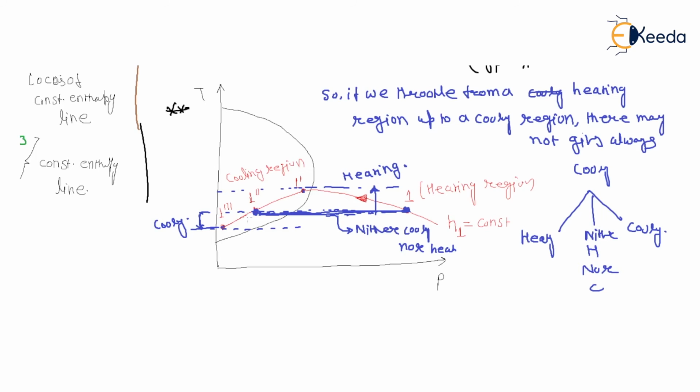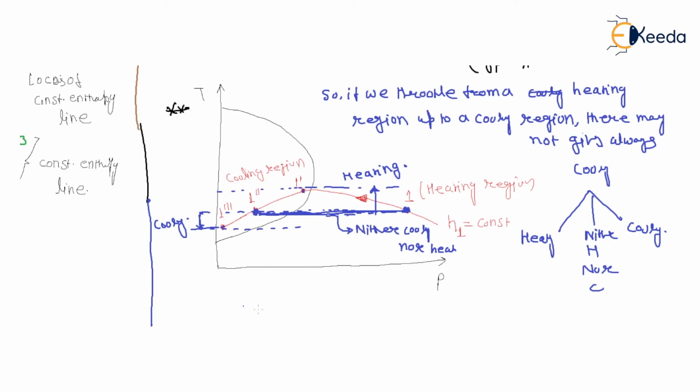If someone asks, when you start throttling from a heating region and you go to a cooling region, is there cooling or heating? You can say that either it is heating, or it is cooling, or it is possible that neither heating nor cooling. But another point, this is very important again.